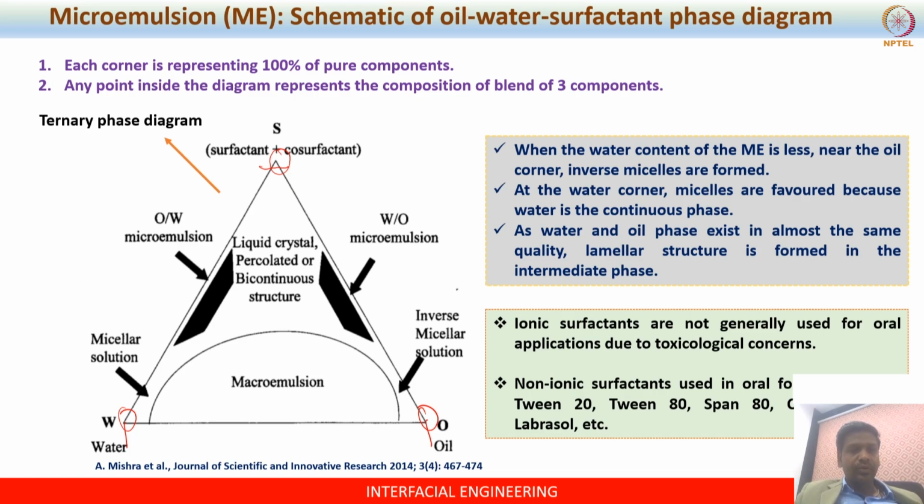Let us start with this zone. Let's say the water is present in a very large quantity. We are somewhere here, where water is present in very large quantity and oil is present in very minor quantity.